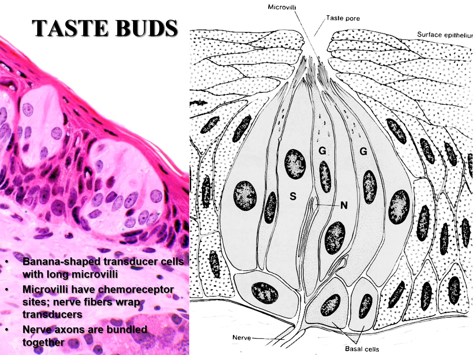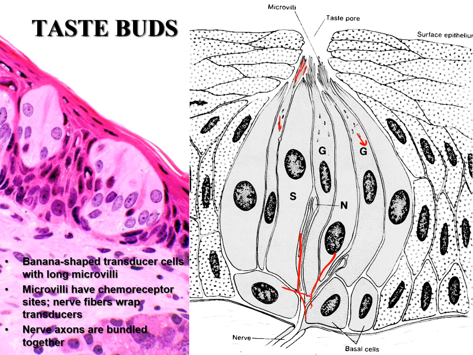These taste buds contain banana-shaped cells, and these cells, you can see here, have almost the appearance of a banana, and these cells contain microvilli because they have to absorb materials to be able to change them from chemical stimuli into neural stimuli. And you can see here at the distal portion we have the nerve axons.